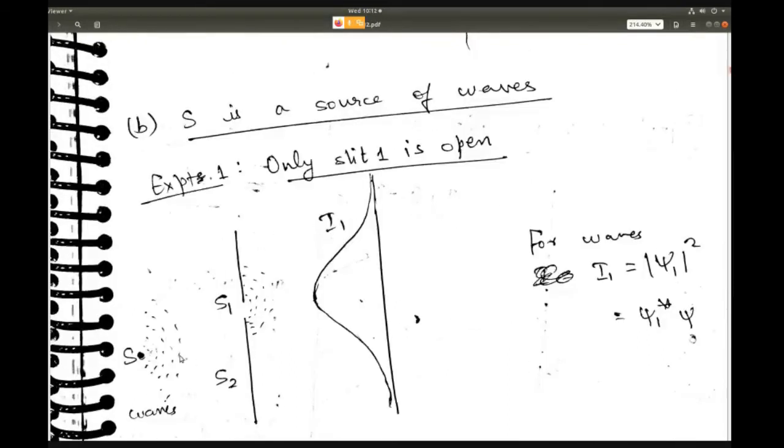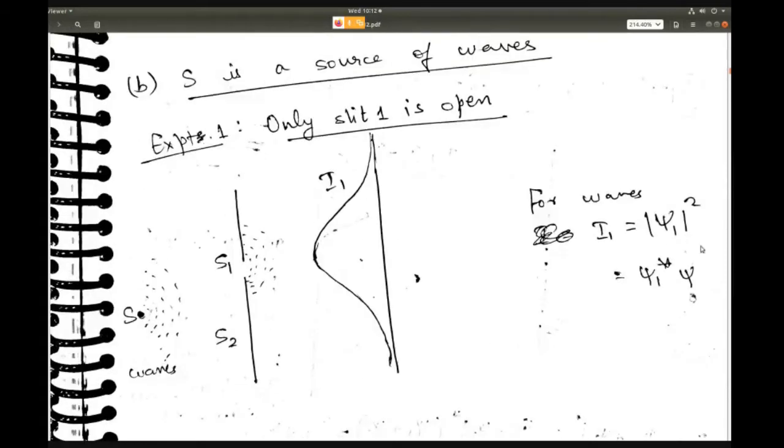S is a source of wave, which means it is just a beam of light. Again, in the first experiment, S1 is open and S2 is closed. We see that intensity is maximum at this point and decreases away from it. This is your I1.